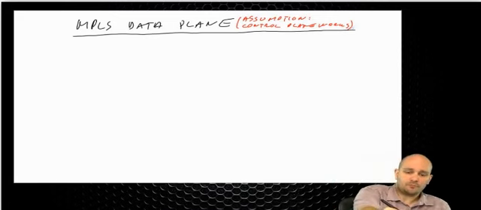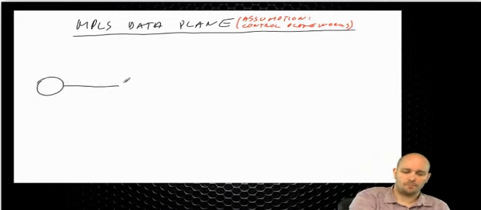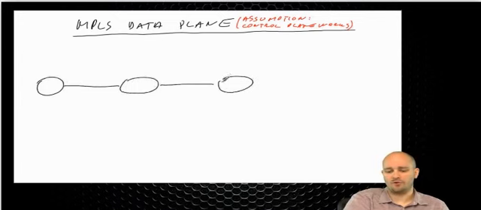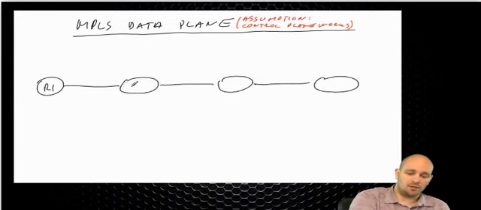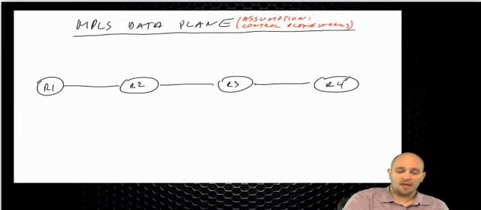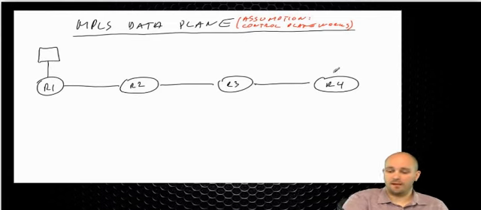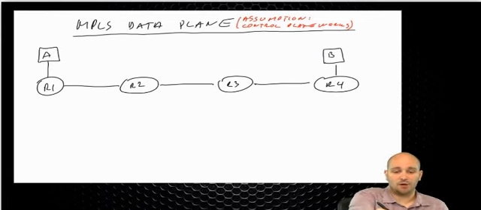So let's say that we have a network that consists of several routers. So I'm going to have, let's say, 4 routers. That should be more than enough. So let's say that this is R1, this is R2, this is R3, this is R4. These routers here are going to be in our MPLS network, and then I'm going to have 2 nodes, let's say A and B here, that are outside of the MPLS network.